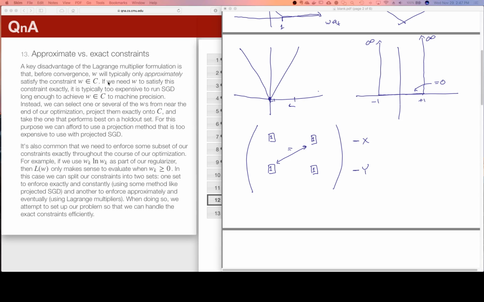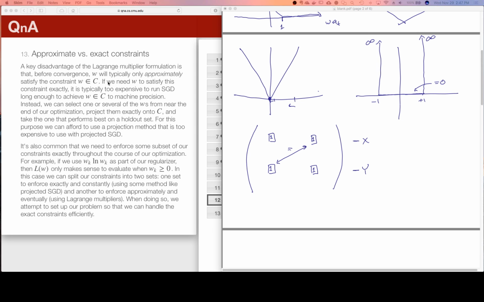All right, so we've talked about four different algorithms here: plain SGD, projected SGD, proximal SGD, and Lagrange multipliers. For Lagrange multipliers, you can use any optimization you want, but projected SGD is a perfectly good one for that purpose. So what are the relative advantages and disadvantages of each of these algorithms?